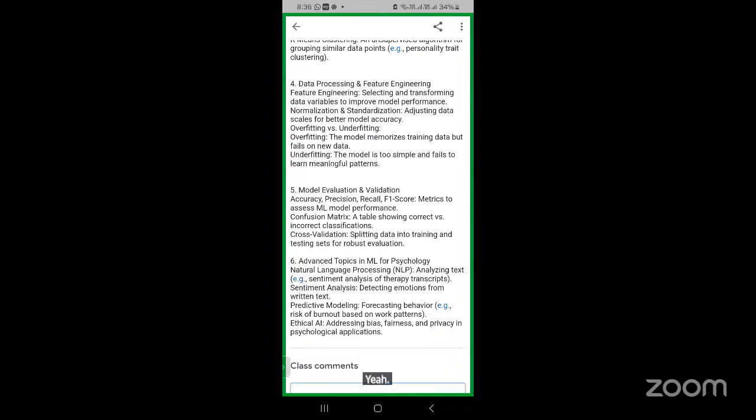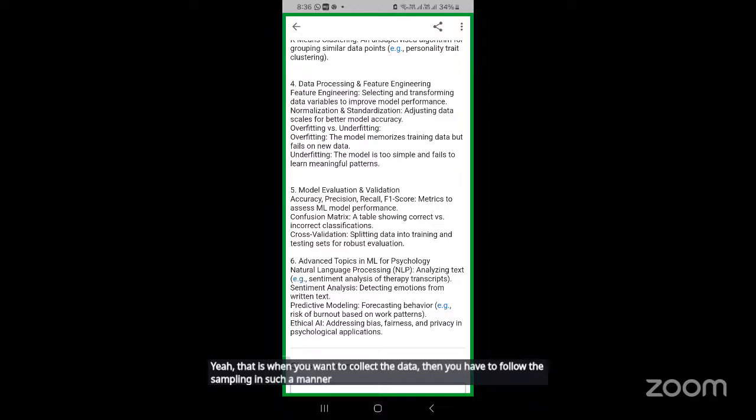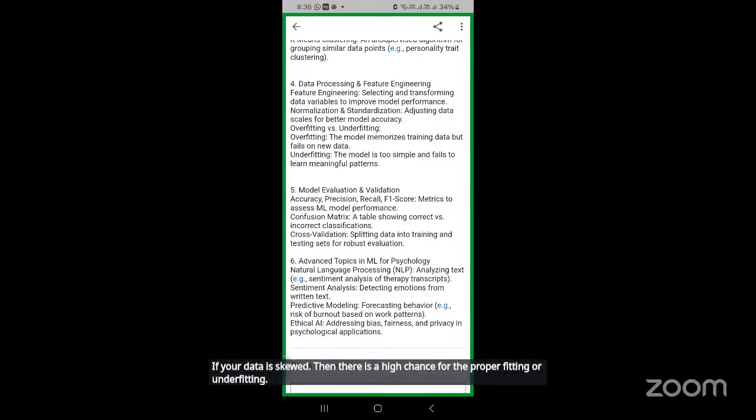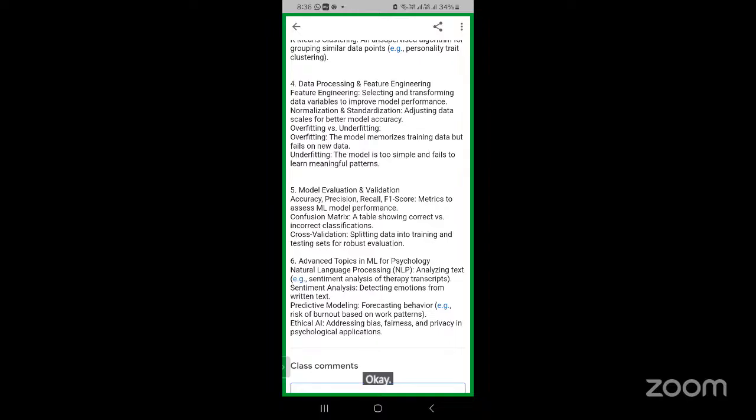Yeah, when you want to collect the data, you have to follow the sampling in such a manner that you can get the data of who will be above average and who will be below average. If you can follow in this manner, then your data will not be skewed. If your data is skewed, then there is a high chance of overfitting or underfitting. Got it, sir. Thank you. This part is important. Data should not be skewed.